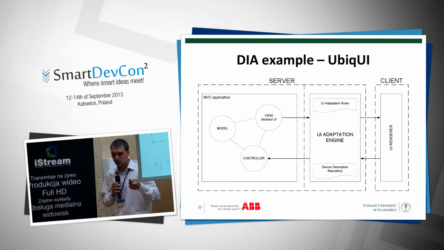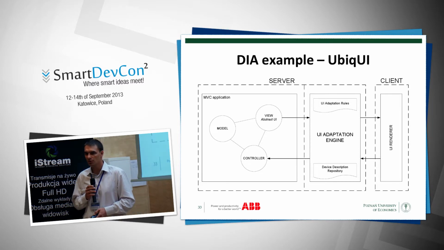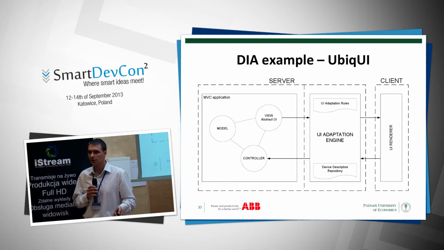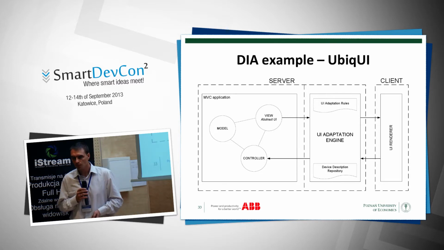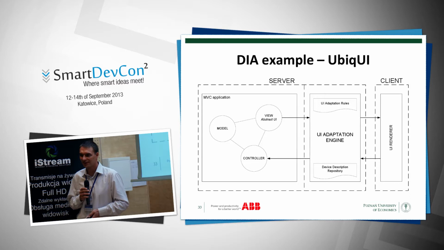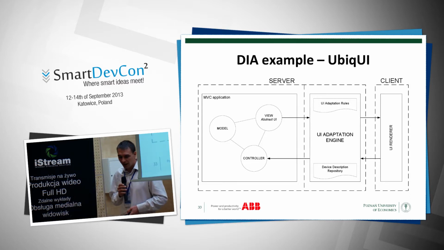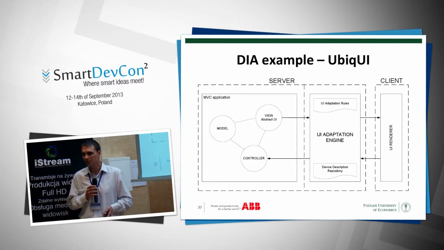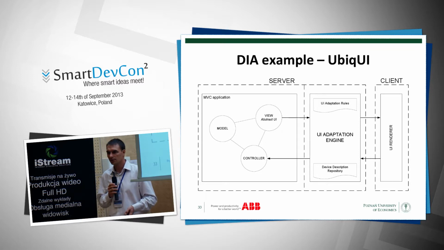Also, for the information about device capabilities, we have used DDR, device description repositories, like Wurfl and Device Atlas. And what we found out is that they are not very accurate, at least to say, and they're usually quite outdated. And in a production environment, you cannot rely on it for proper information about device capabilities.